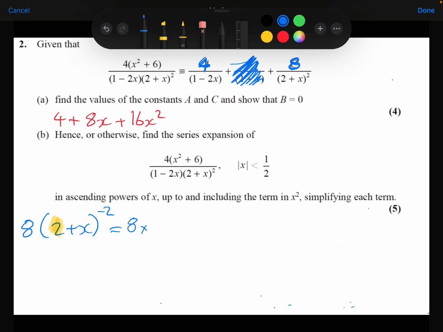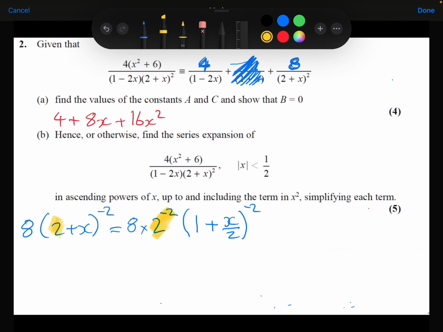Leave the 8 there for the moment, and factorising the 2 outside, I'll get 2 to the power minus 2, because the 2 will still be to that power. Even when you take it outside the brackets, it has to be to the power. And on the inside, I'd be left with a 1 now, because the 2 divided by the 2, and the x divided by the 2, to the power of minus 2.